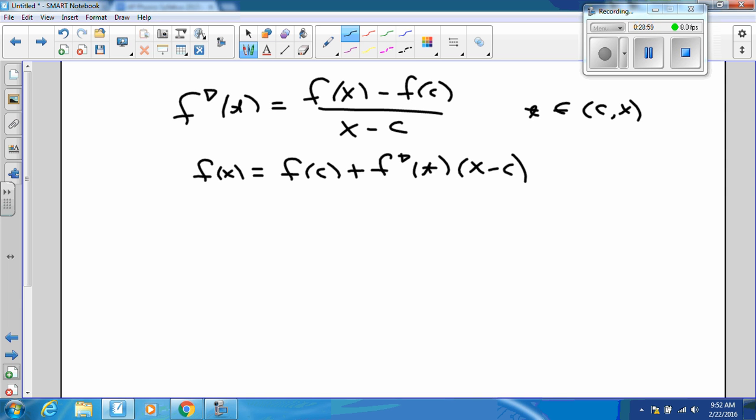In fact, what I've really done is to rewrite the mean value theorem so that it is equal to the 0th degree Taylor polynomial plus the remainder. And the remainder turns out to be in the form f prime of t times x minus c for some value of t in between c and x.